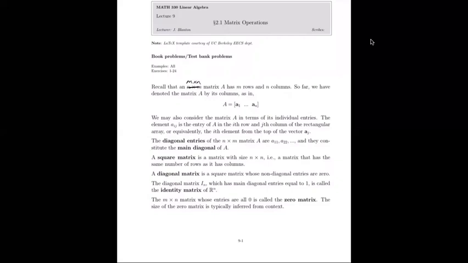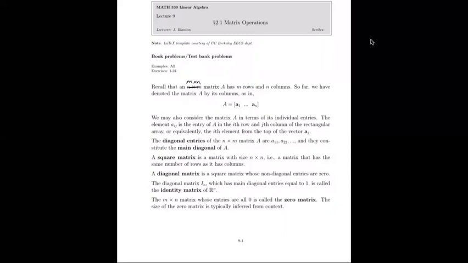Now, the diagonal entries of an n by m matrix are all the entries whose column and row number are the same. So A11, A22, A33, all the way down to Ann, or wherever that might end, Amm possibly as well. A square matrix is one with size n by n. So the number of rows is equal to the number of columns.